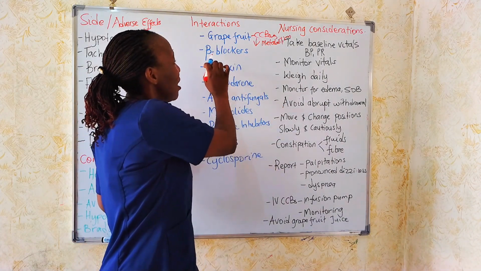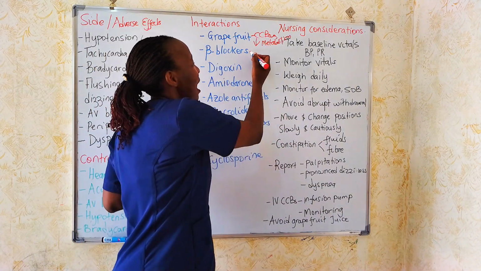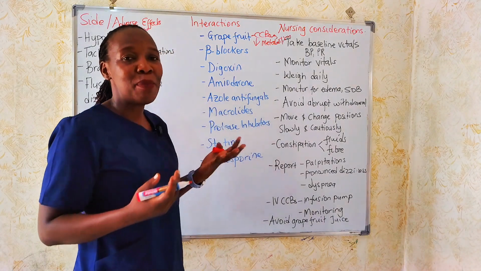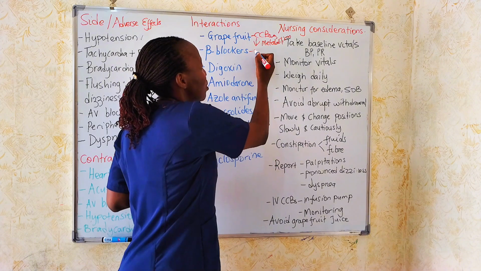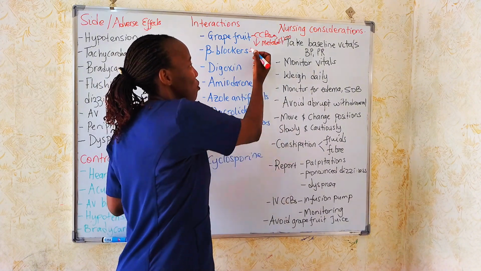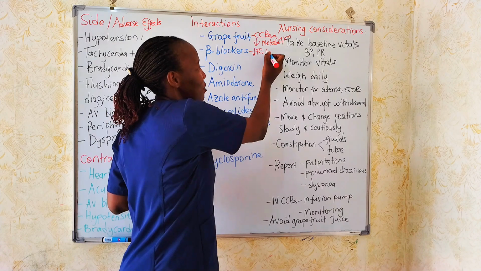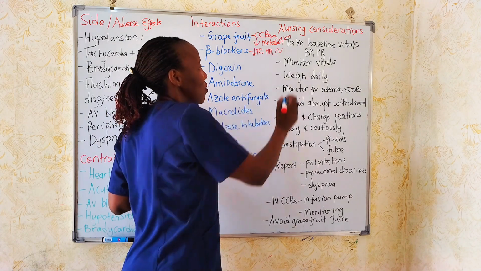CCBs interact with beta blockers. How? CCBs, remember, cause vasodilation. Some beta blockers are also vasodilators. CCBs are as well going to cause a reduction in force of contraction and heart rate. Beta blockers also cause reduction in force of contraction, reduction in heart rate, reduction in conduction velocity.